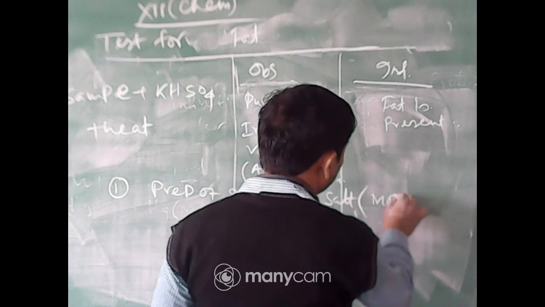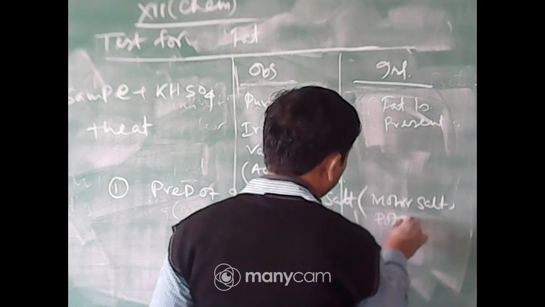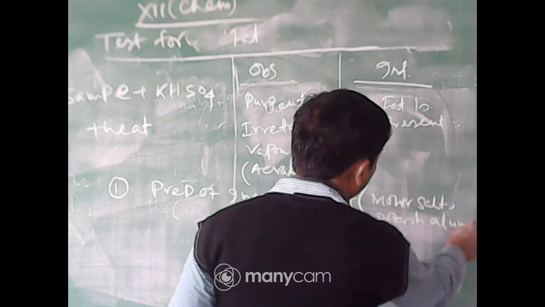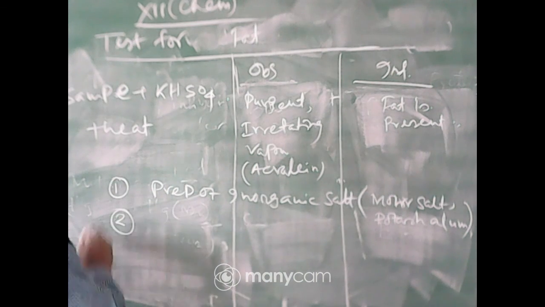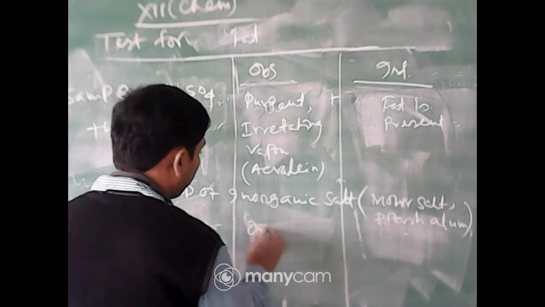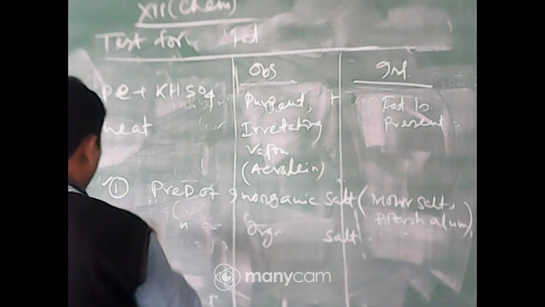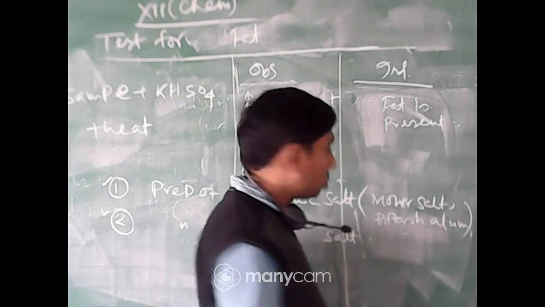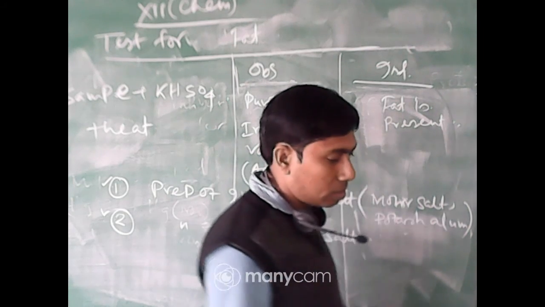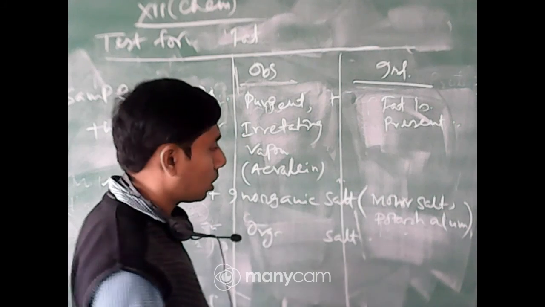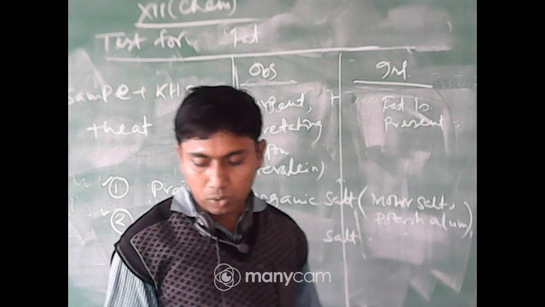That is Mohr's salt or potash alum. These salts you can prepare. And number 2 is the preparation of an organic salt. So these are the 2 new topics you have to add to your copy. One is the detection of carbohydrate, protein and fat, another is the preparation of an inorganic salt, and the third is the preparation of an organic salt. So you have to write 3 experiments.